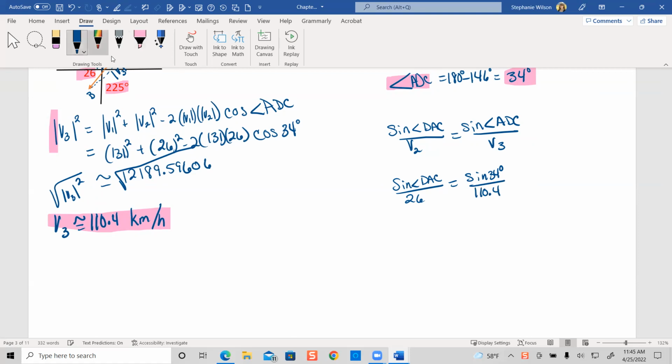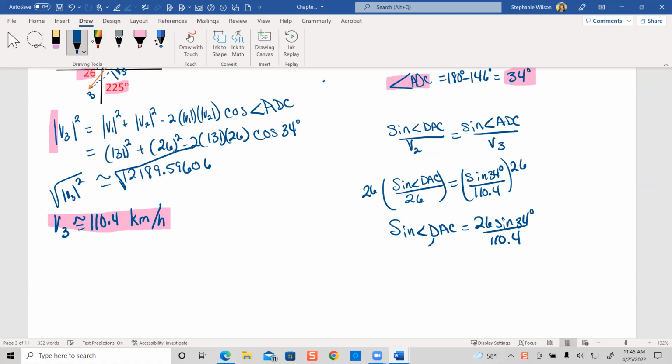And now what I'm going to do is take this 26 and multiply across to the other side. Or another way to look at it is we have to undo the fraction. We're going to multiply both sides by the denominator to undo that fraction. So now I got sine of measure DAC is equal to 26 sine 34 degrees over 110.4.